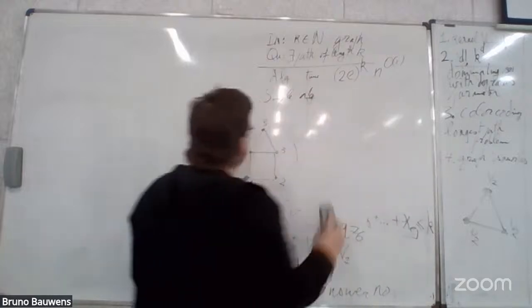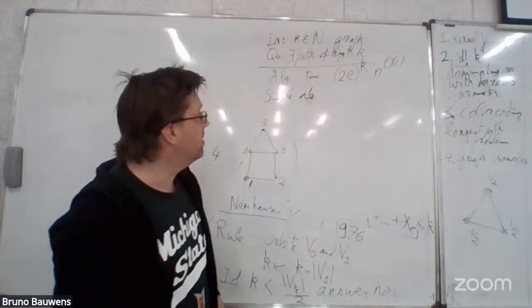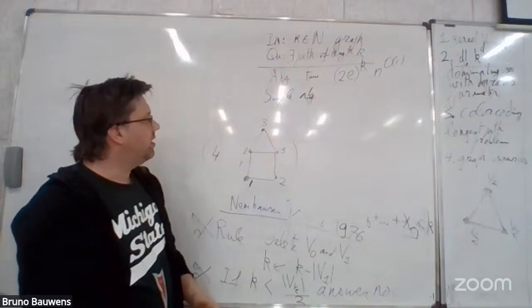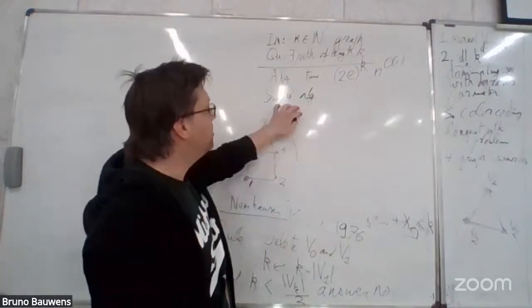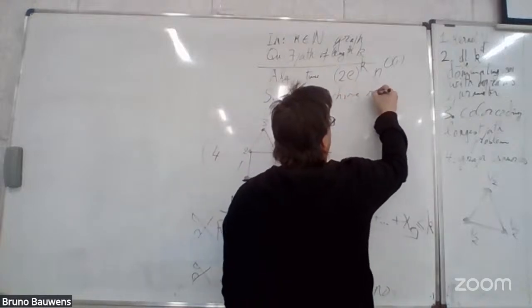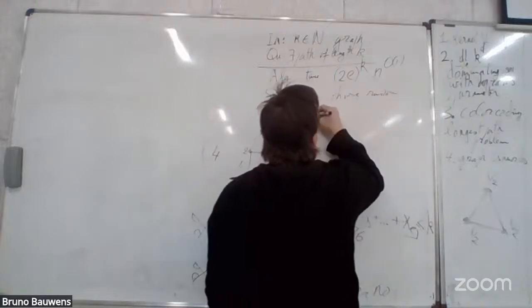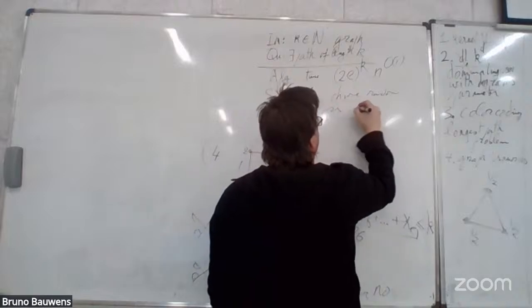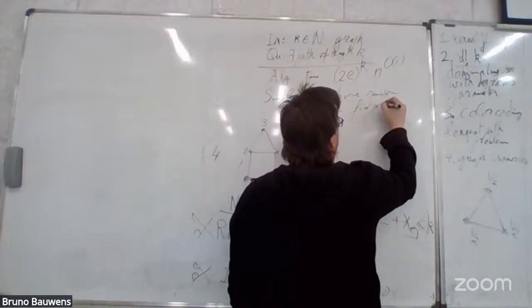Okay, yes, so now we have to think. So, the simple algorithm: choose random colors and find a colorful path.